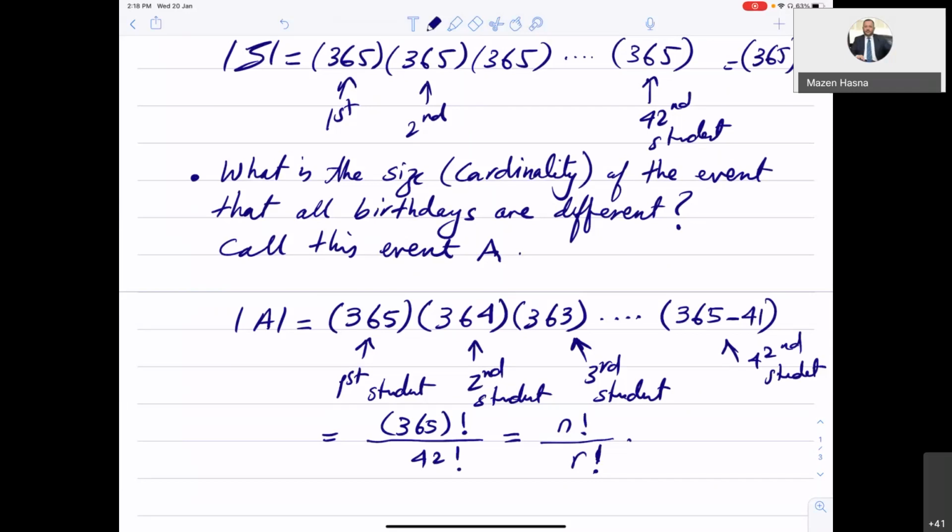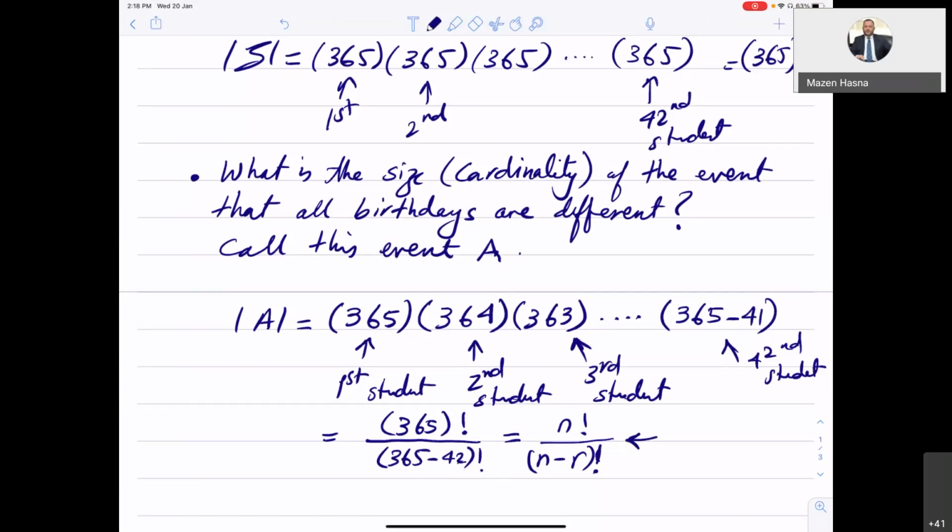Sorry, doctor, but this is not r. It's n minus r factorial, right? Not 42 factorial. This is 365 minus 42 factorial, which is 323 factorial.